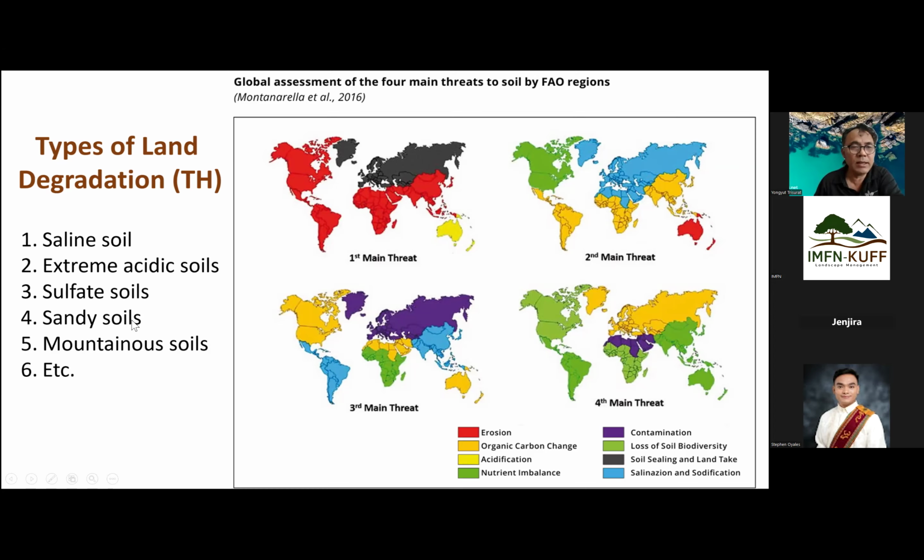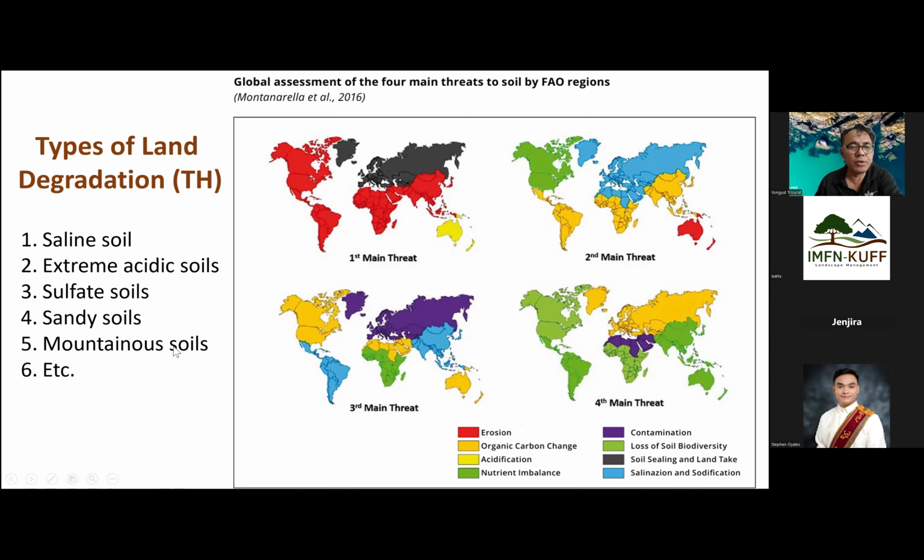Sulfate, particularly in southern Thailand. And sandy soil is poor soil, so it cannot hold water year round. So we have a big problem in the northeast of Thailand, where sandy rock is the main parent material, and most of the soil is classified as either sandy loam or loamy sand that has very high evaporation.